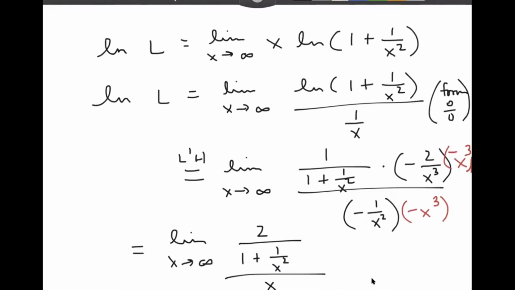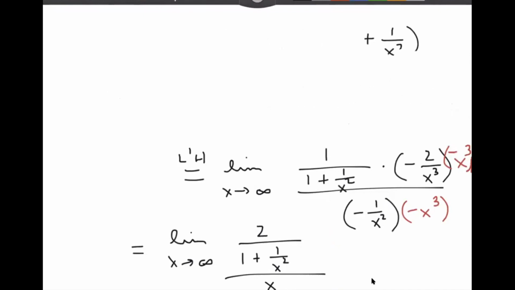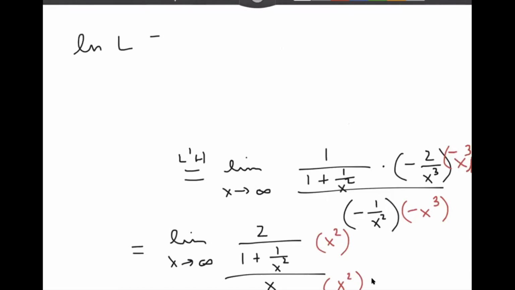Whoa, darn it. Hit the undo button too many times. My goodness. Okay. Let's multiply the top and the bottom by x squared. And then it won't be a complex fraction anymore. So that's going to make it, you know what, let's put our natural log L back in here. I don't want to forget that that's what this is.